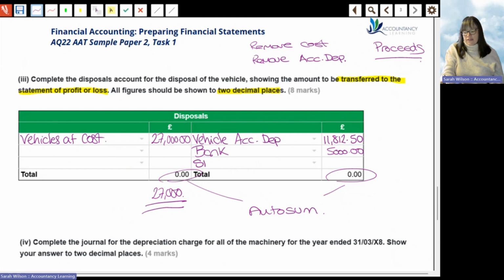So we're going to transfer to the statement of profit or loss. And that's going to be our balancing figure of £10,187.50p. And that means now you have completed your disposals account.